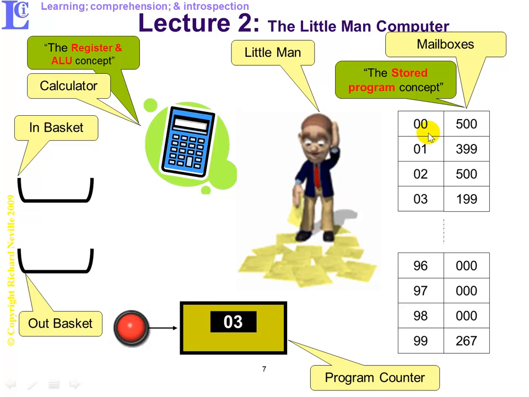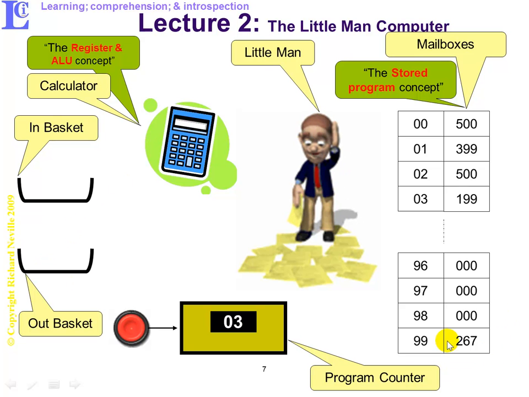So to start a program, there's no instruction to do it. An external entity presses the reset, and then the little man sequences through a sequence of instructions which we're going to see in a minute. So that is the little man computer in a walled room: inputs data in the in basket, then can move it to the calculator, then we can move from the calculator to the mailboxes, and then the data can be moved from a mailbox location to the calculator to the outbox.